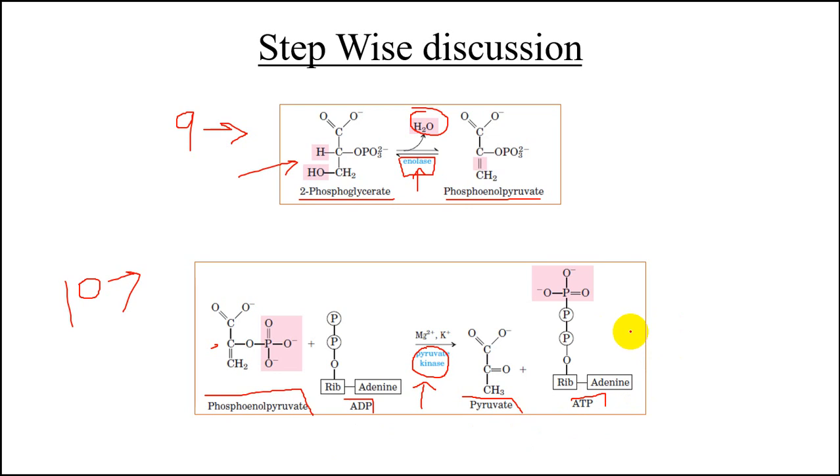So here we have 2 molecules of phosphoenol pyruvate, like in the previous one, so here also we will get 2 ATP.